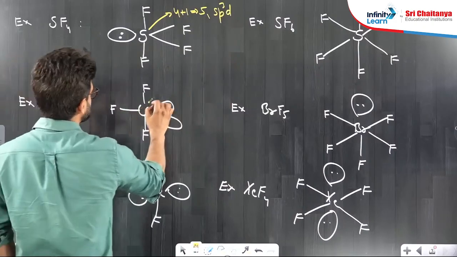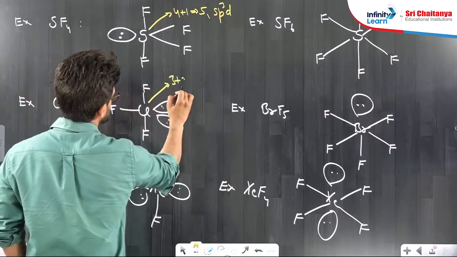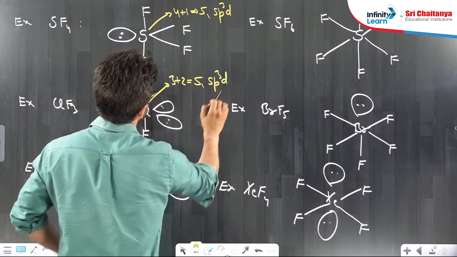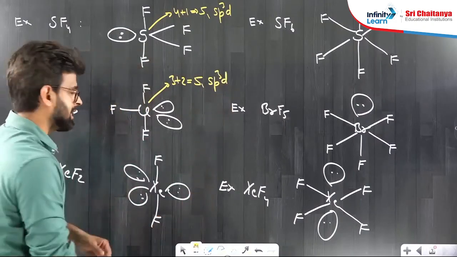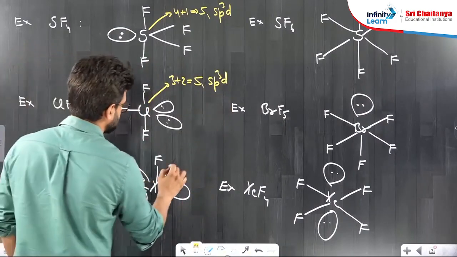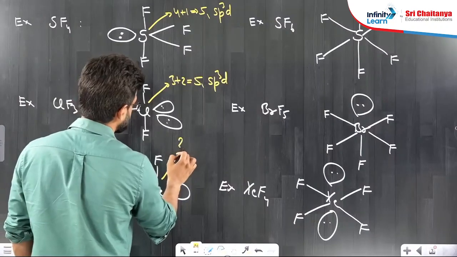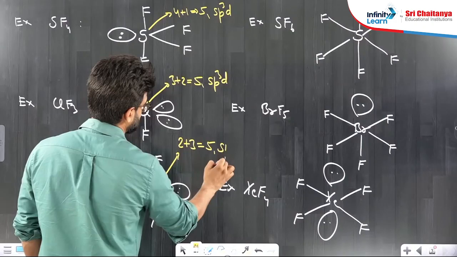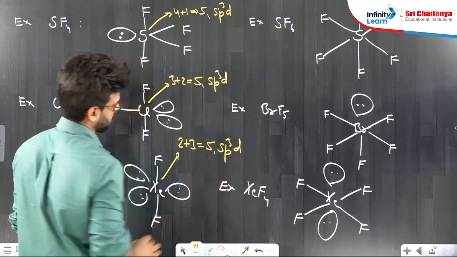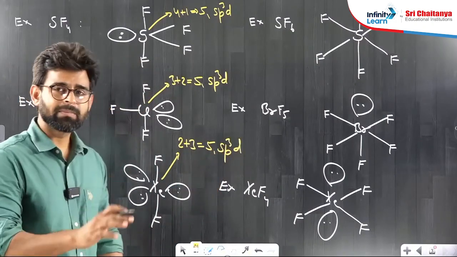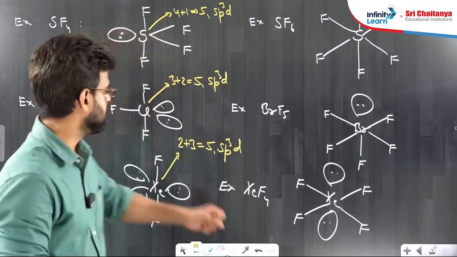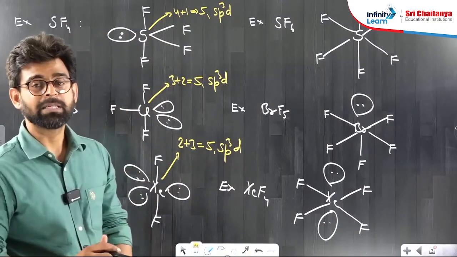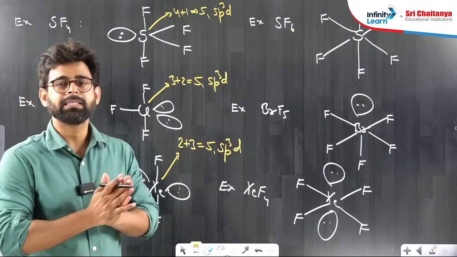In ClF3, if you see, Cl is making 3 bonds plus 2 lone pairs, again 5. 5 means what? sp3d. Right? In this case, if you see xenon is having here 2 sigma bonds and 3 lone pairs, again it is 5. It is sp3d. Okay? So total sum is coming 5. So all of these are sp3d hybridized. Even PCl5 was sp3d hybridized.